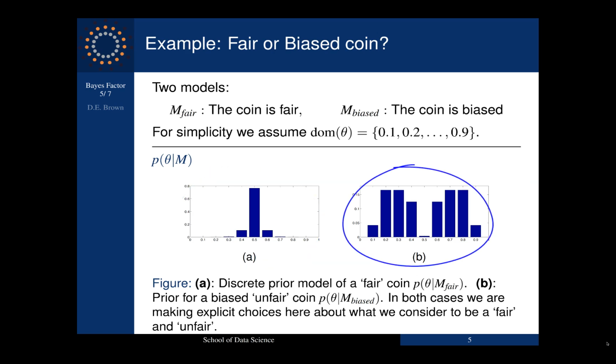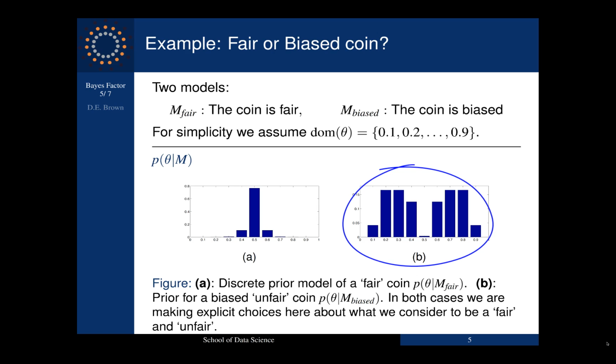Whereas in the case of the values for theta given a biased model, we see that the probability for it being 0.2, 0.3, 0.7, or 0.8 are all equal, and they're somewhere around 0.17. So this is the probability that we think that theta takes on one of those values, given that we have a biased coin.